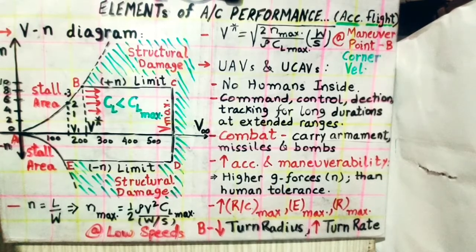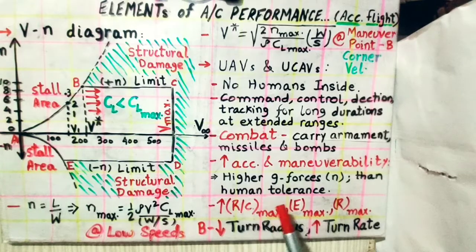And they require very high acceleration and maneuverability, so they will experience high G forces that cannot be tolerated by humans. This is an advantage: if humans were there, they would not be able to tolerate these high G forces. So if humans are taken out, they can accelerate higher and maneuver with high performance. By high performance, I mean they will have a higher rate of climb, much higher than any typical passenger aircraft or military aircraft which involve humans.